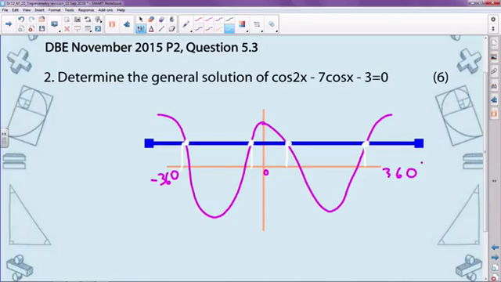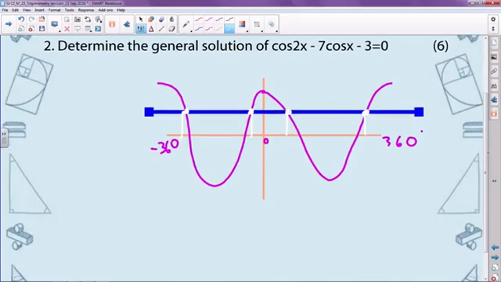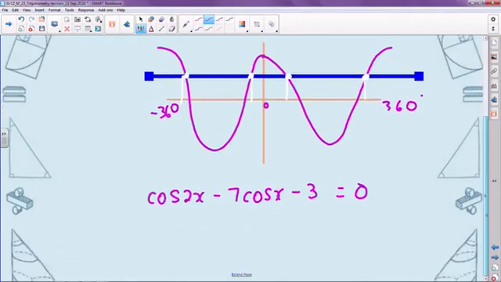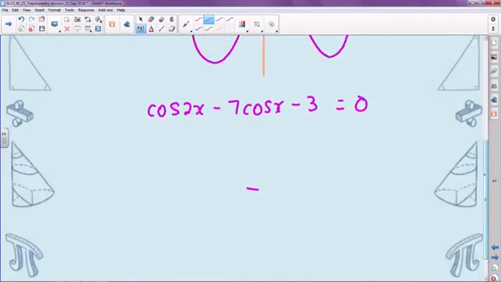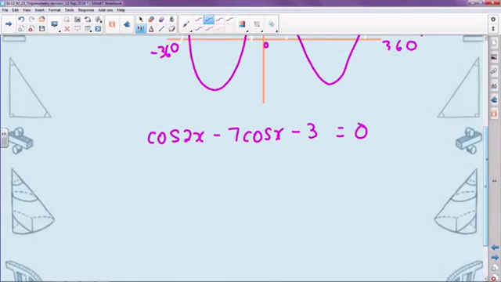Now, often the most tricky part in solving a general solution is getting through the first part of the question. So we've got cos of 2x minus 7 cos x minus 3 is equal to 0. The trickiest part is deciding, well, what's the next step? The next step is generally always going to be to find an expansion if you can, or factorize if you can.